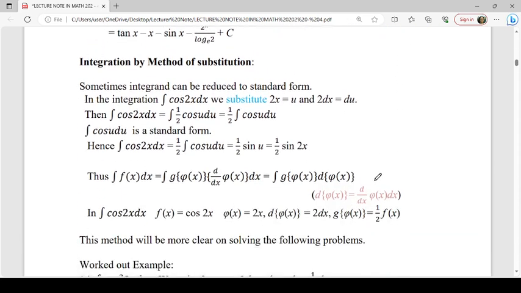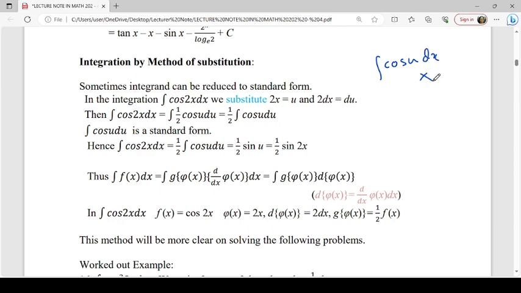Then integration by the method of substitution. By the method of substitution, we need to substitute some value. For integration of cos twice x, we don't have a formula, but we have the formula for integration of cos x. So this twice x we substitute as some u. When we substitute cos u, as we explained earlier, we cannot write cos u dx.